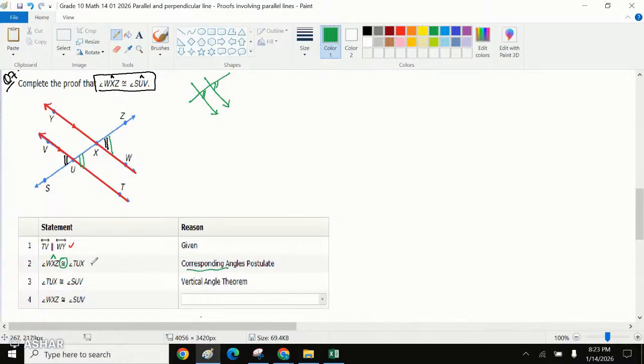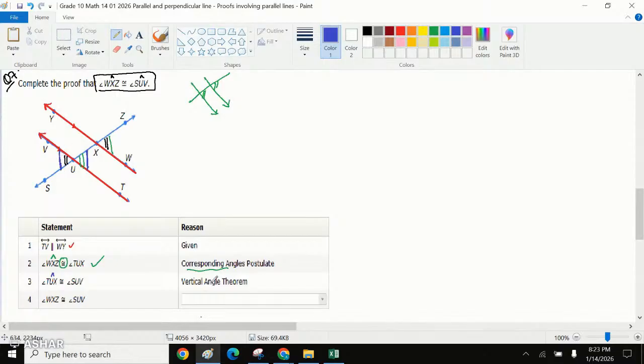The term is given. It's already given as a proof to us, right? Third statement says TUX, this given angle, and SUV is this angle, right?